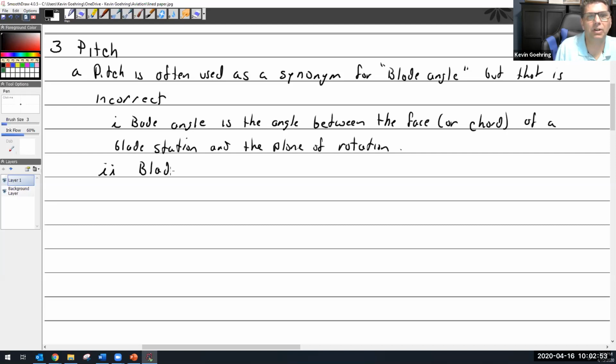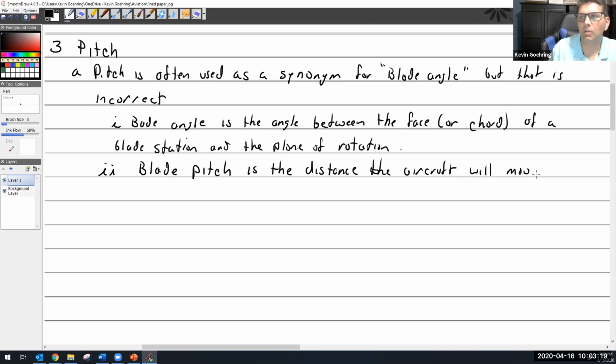Blade pitch is the distance the aircraft will move forward with one revolution of the prop.